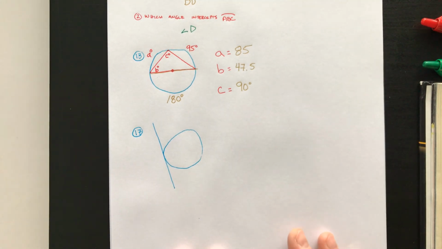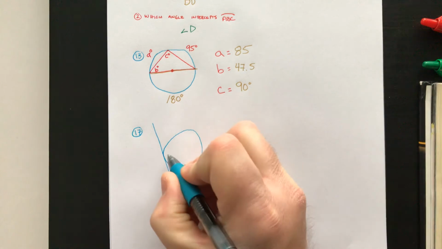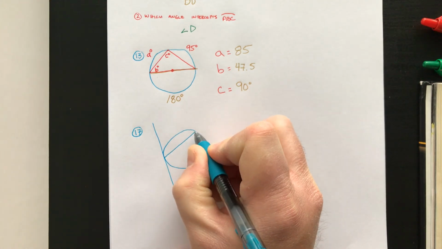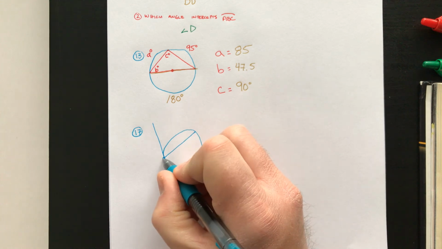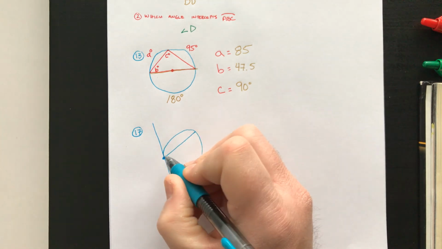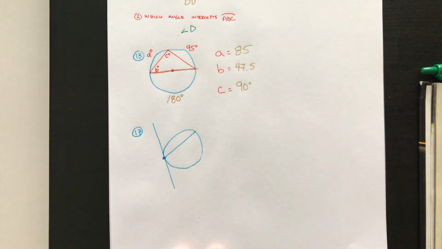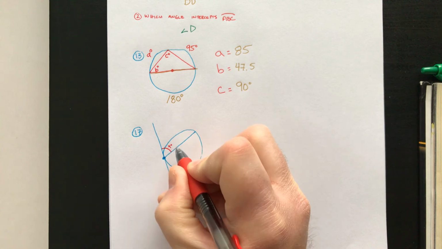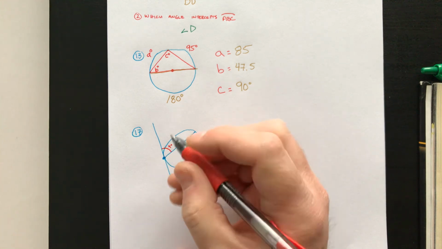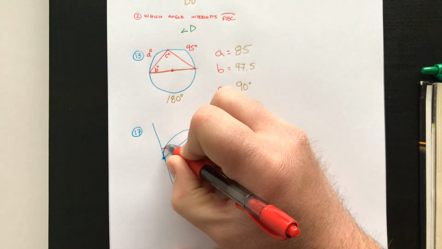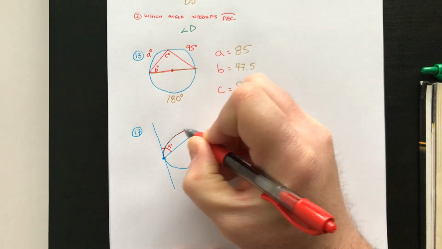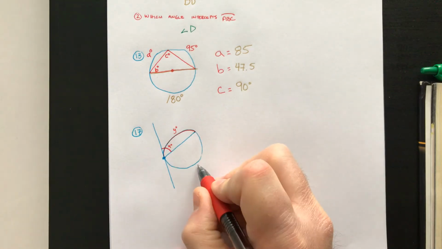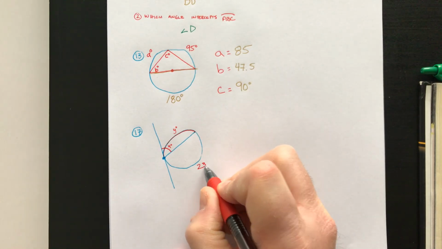So we have this picture, and then this line comes up here like this. They want us to say what is this angle, which they say is X degrees. And then they want to know what is that arc, which is Y degrees. And they tell us that this arc over here is 230 degrees.